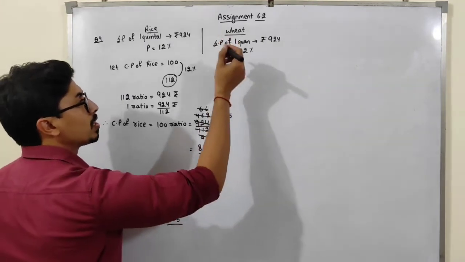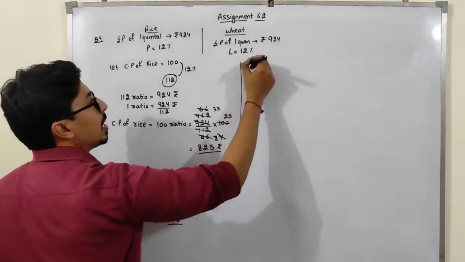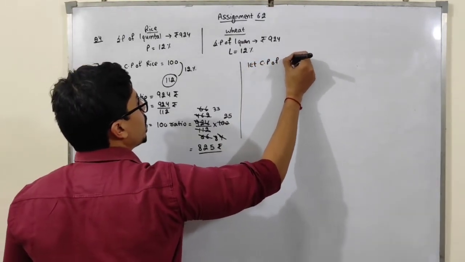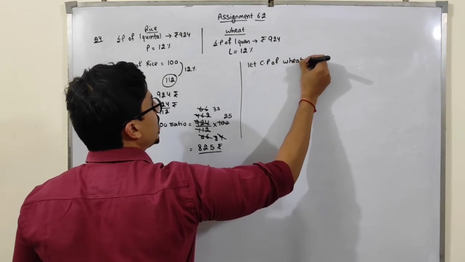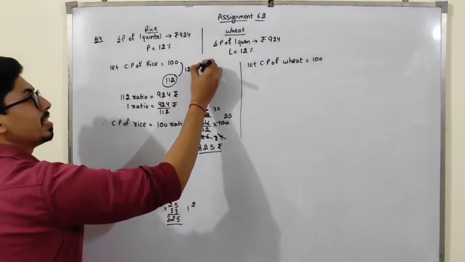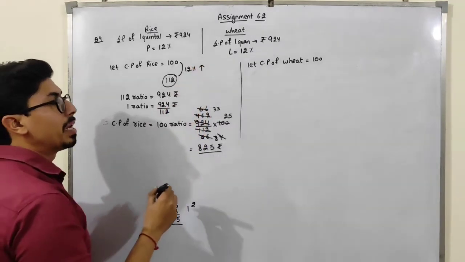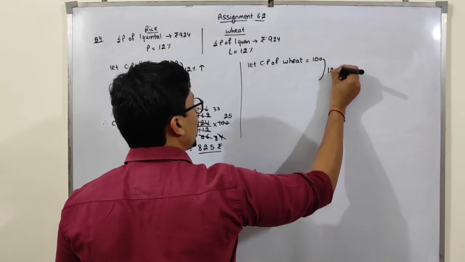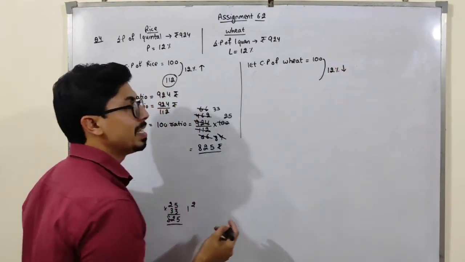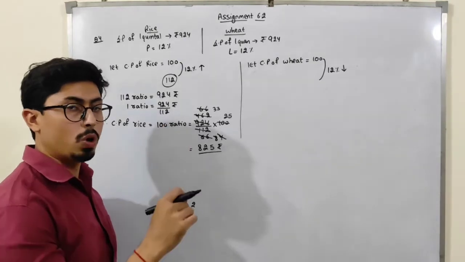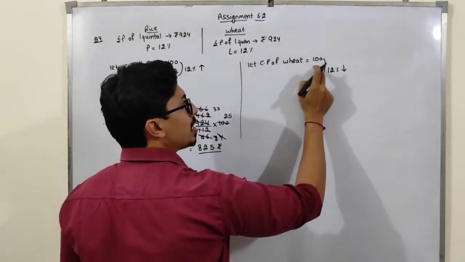Now, similarly, students, in this part also, let CP of wheat be equal to 100. I can assume this. But in this case, I'm losing 12%. That means I buy at 100 but I am selling at a 12% loss. 12% of this means 12.